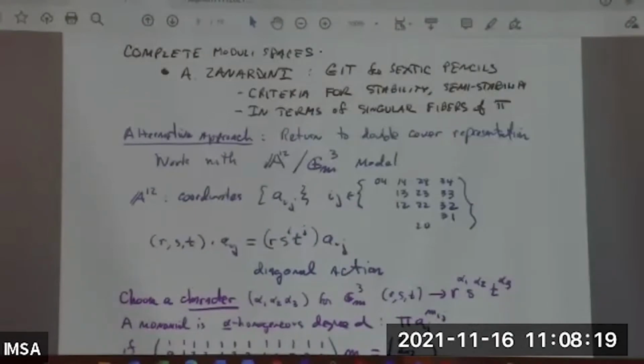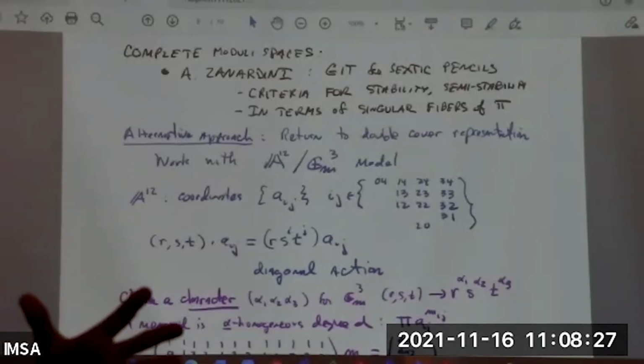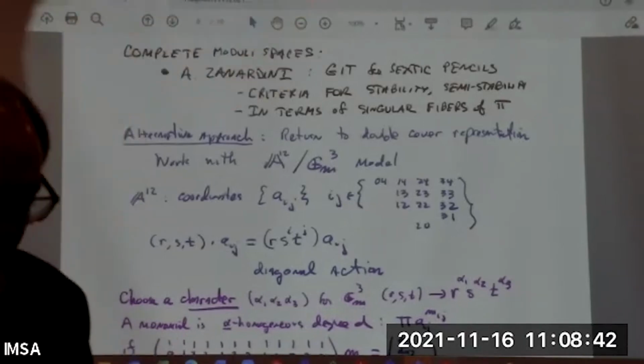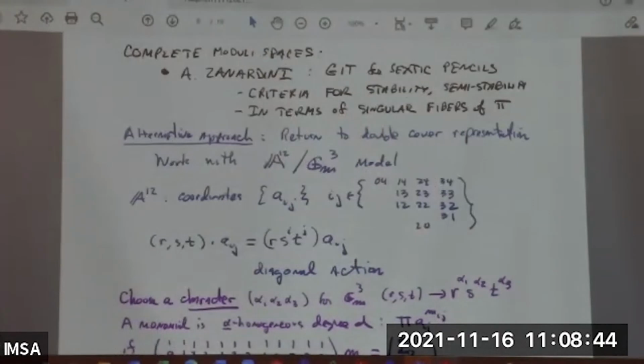So what we decided to do is, in order to compactify the space we just constructed with the A10 mod Gm cross Z2 method, let's go back to the A12 mod Gm squared approach. Let's see what we can do there. Let's return to the full double cover representation, where we don't ask for any constraints on the coefficients.